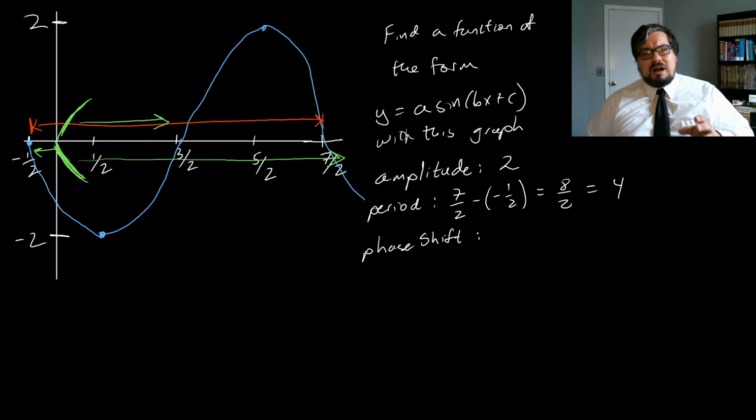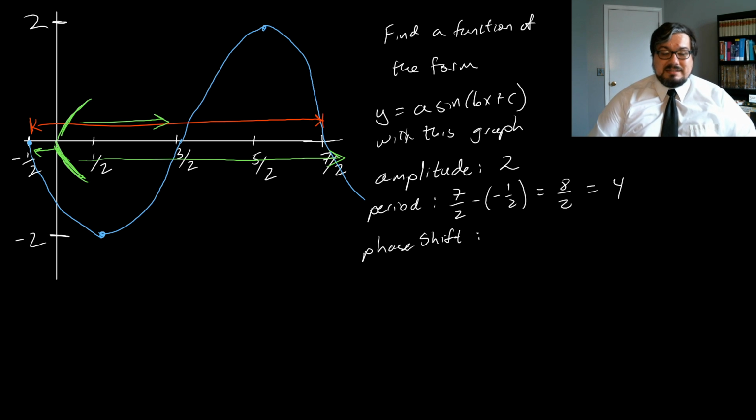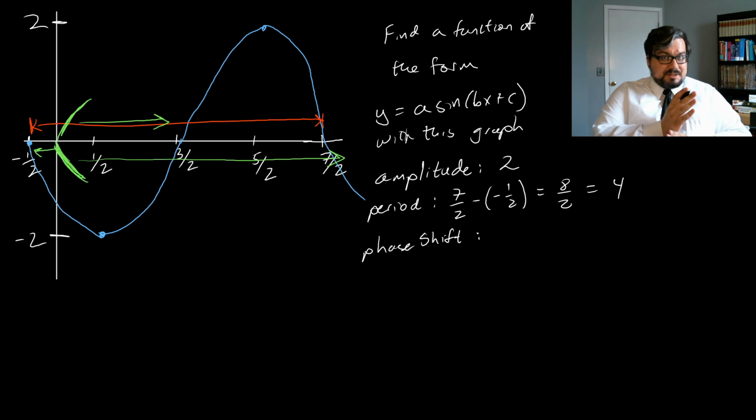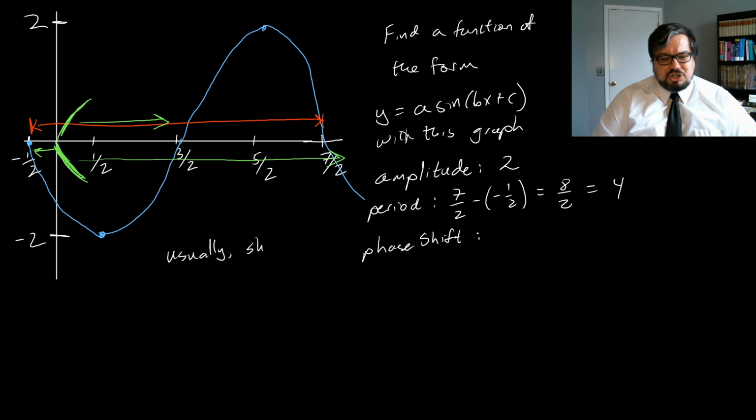And so usually in problems, they will have some way of specifying. It's more commonly done to require that c be positive, which corresponds to a leftward shift of the graph, and we want it to be the smallest c value possible. So usually we shift left as little as possible.